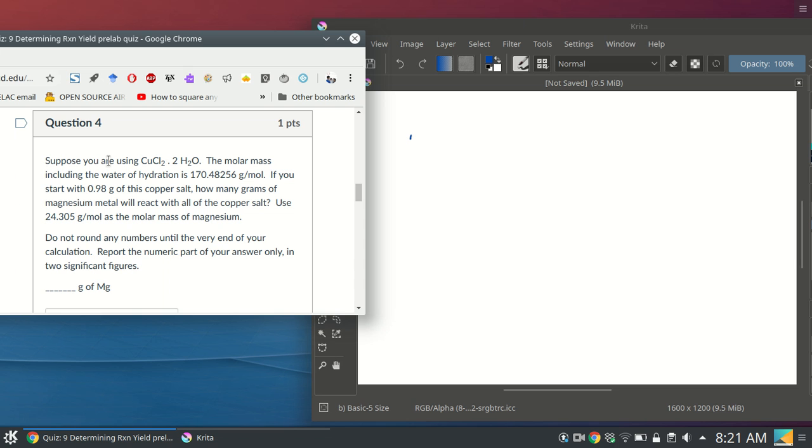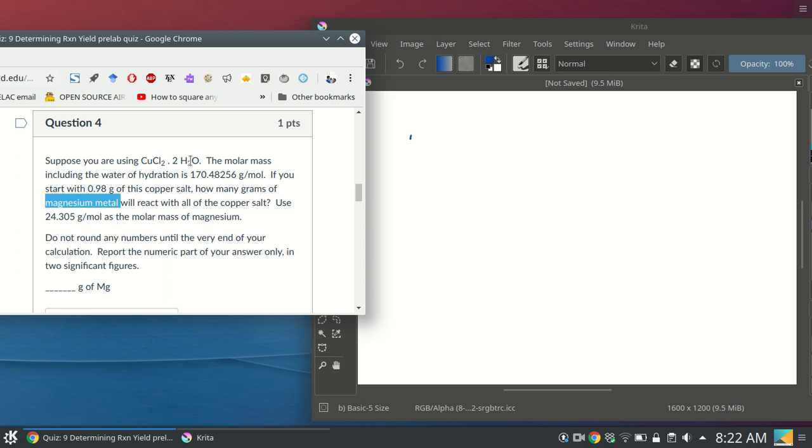You'll have Tyler or Melissa or both of them helping you a little later, a little more in depth with stoichiometry. Now, this problem is a stoichiometry problem because you are given a chemical and you are given 0.98 grams of that chemical, but the question is asking for how many grams of some totally different chemical you're going to need.